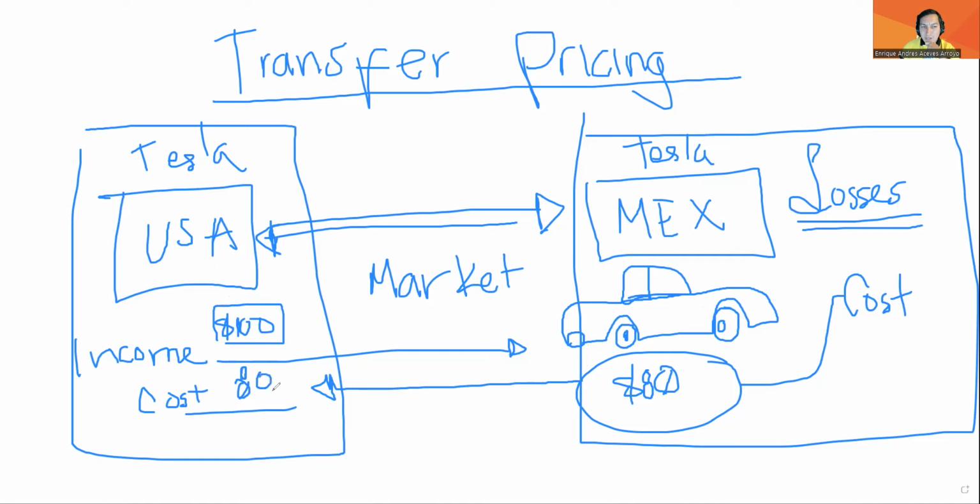The US-based company would still have a benefit from making the operation in Mexico, because they are manufacturing at a lower cost than they would in the US for that specific model. But Mexico wouldn't have losses, because they have to sell at a market price. So they will pay some tax in Mexico. That's transfer pricing.